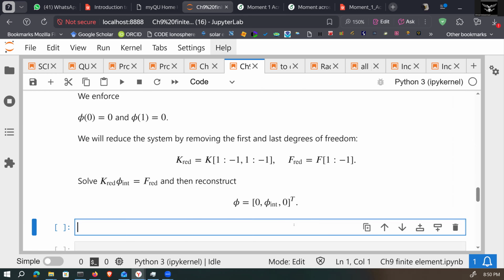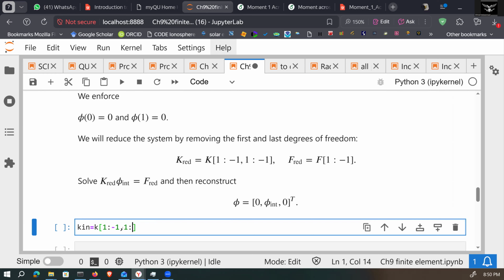So we can say K inner is K of 1 through minus 1, comma, 1 through minus 1. This is for the rows: we're going from row 1 until the second to the last, and then column 1 until the second to the last.